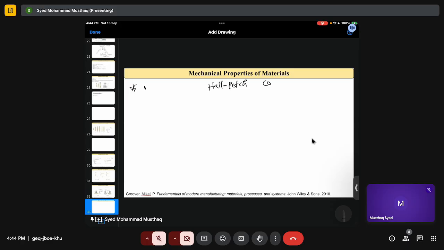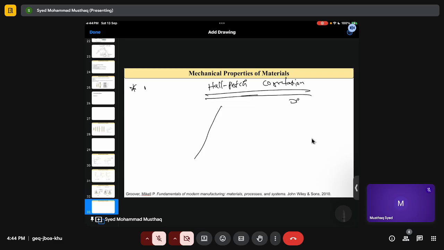What I'm trying to do is give a very simple relation, instead of so many things. So simple. Whenever you have a grain boundary, the deformation happens via dislocation motion.